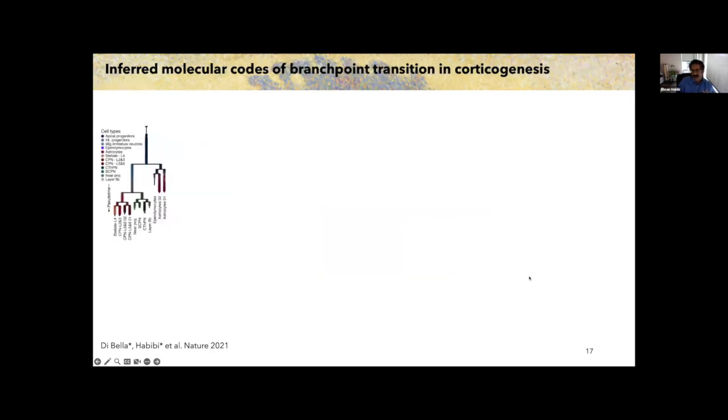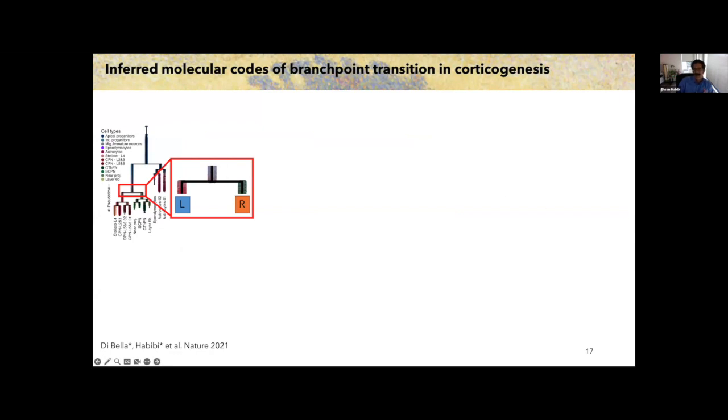Additionally, when you have such a trajectory, you can go to any given branching point and find molecular codes of branching point transition. So here what I have done is to find the top distinguishing features, genes or transcription factors, between cells in, for instance, the siblings versus the parent branching point.